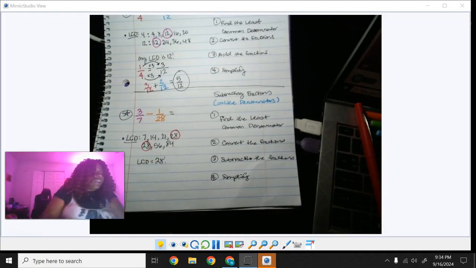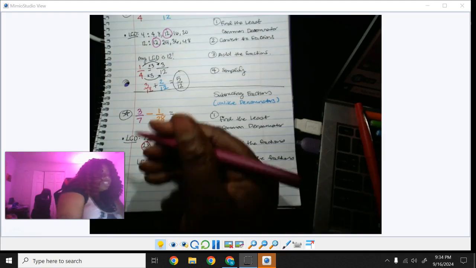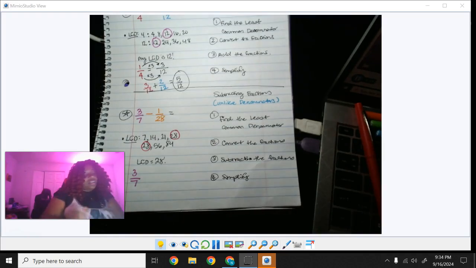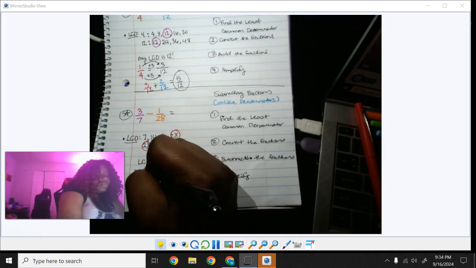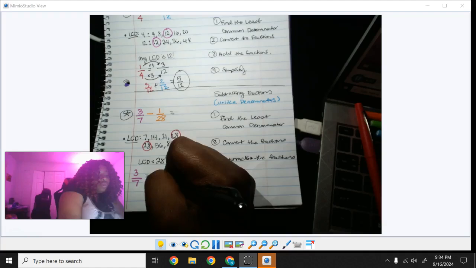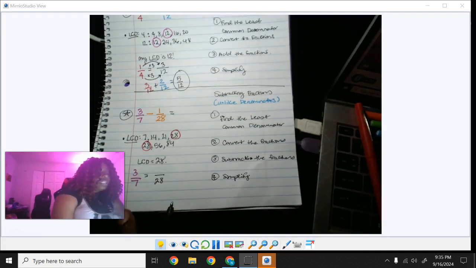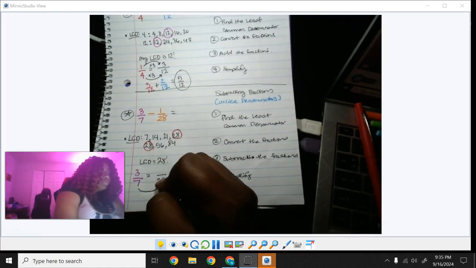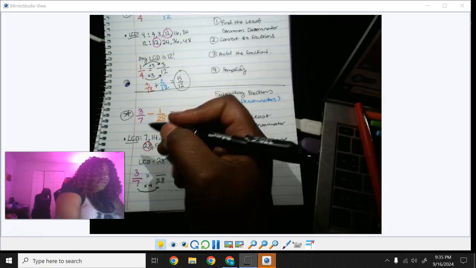Okay? So now we are going to convert the fractions. So 3 out of 7 now has to be some number out of 28, which is the new denominator. So because I'm going from a small 7 to a giant 28, I am going to multiply by a factor of 4.